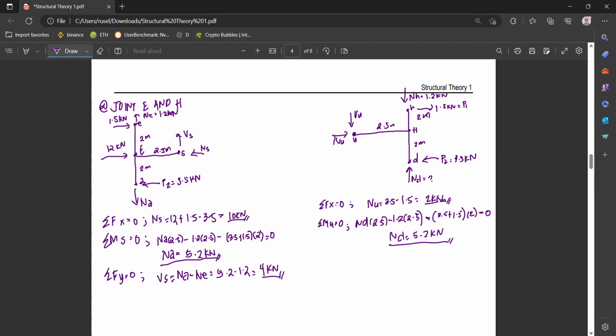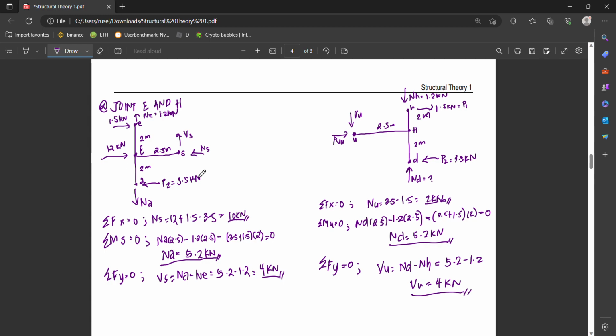Then, summation forces along Y naman tayo. Summation forces along Y equal to 0. Your VU is equal to ND minus NH. That is equal to 5.2 minus 1.2. Your VU is 4 kilonewton. Ayan.